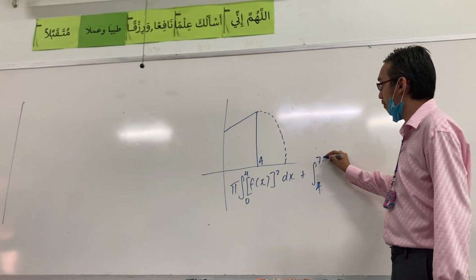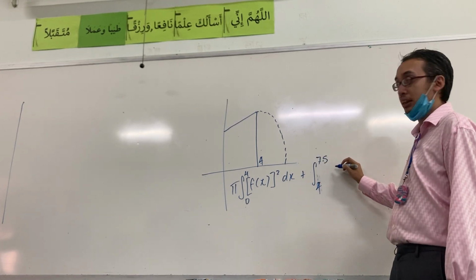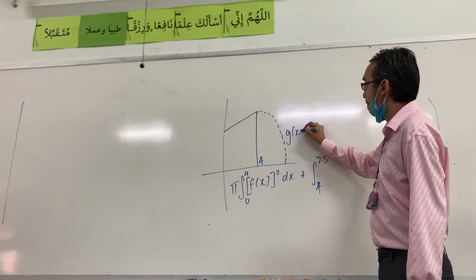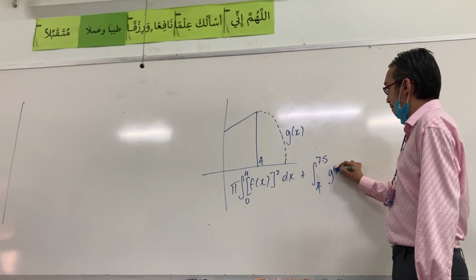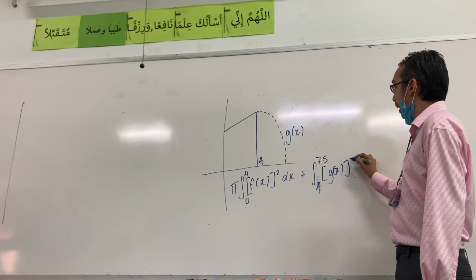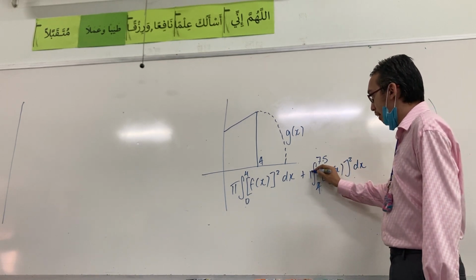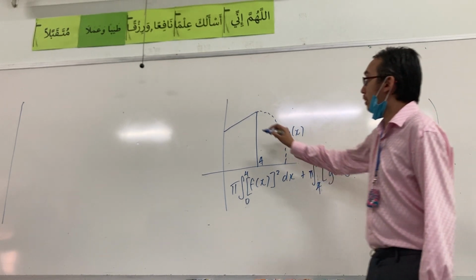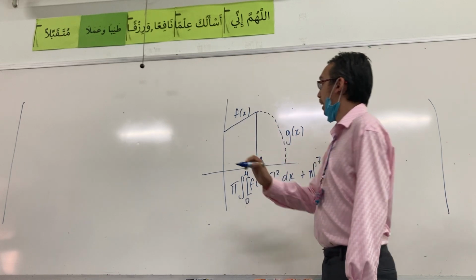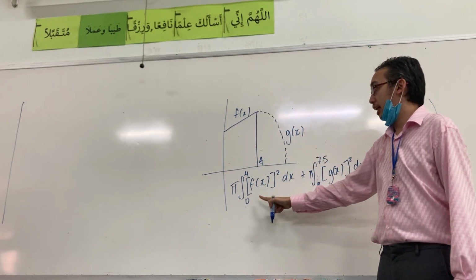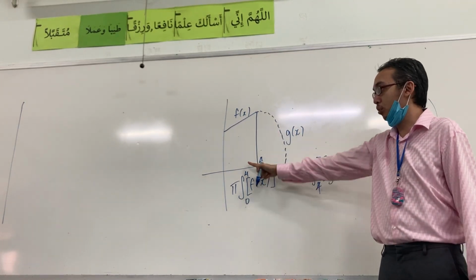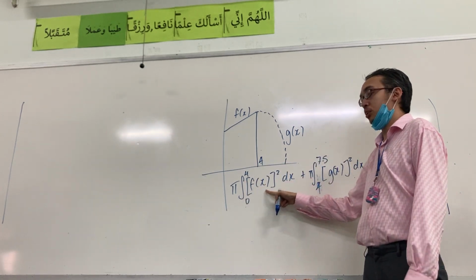Okay, 4 to 7.5. Okay, you're going to use the curve here. Let's call the curve gx. Okay, square dx. Ada pi kan? Okay, so this one is the fx. Okay, this one is the gx. Okay, this is the first portion from 0 to 4, pi fx square dx.